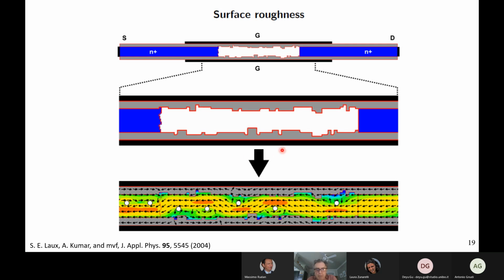So this is an interesting example. And you can calculate the current by simulating many configurations and then averaging them out, which is the configuration average that we saw is required for impurity scattering and for roughness scattering in order to recover an irreversible transport equation, the master equation.